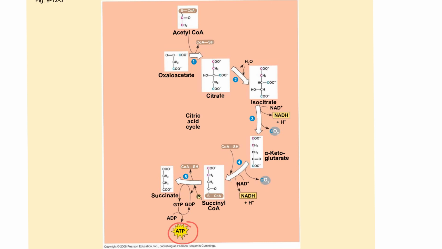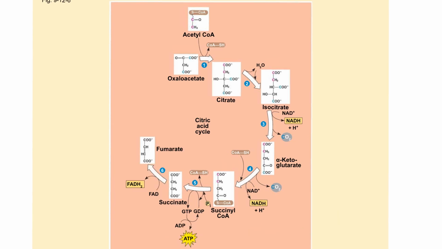Now I'm going to make some ATP, and this ATP is not the fancy way I'm going to make it in the electron transport chain. This is called substrate-level phosphorylation. I'm going to make some ATPs, and then I'm going to strip off some other electrons to go on this FADH2 that will also go to the electron transport chain.